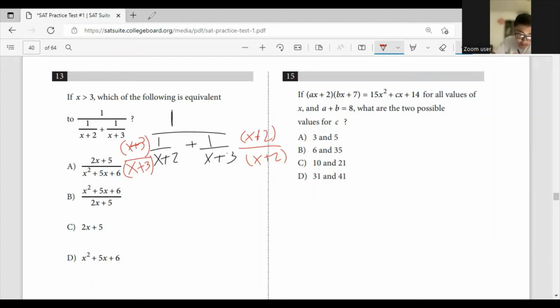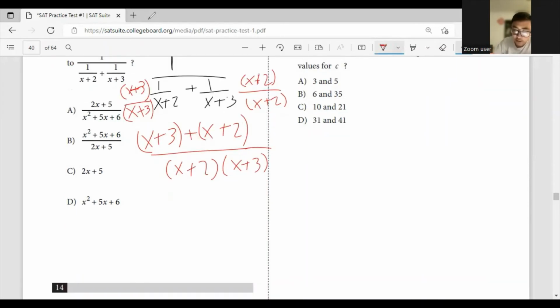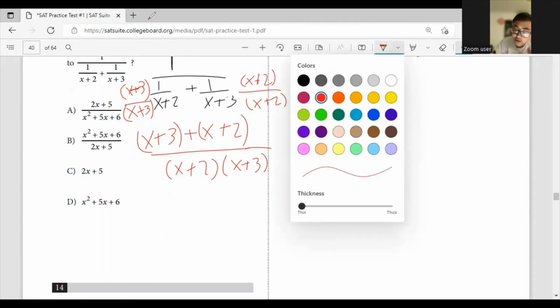This is going to be x plus 3 plus x plus 2 over x plus 2 times x plus 3. Now I'm just going to combine the numerator. So I already combined the fractions by adding them together. So now I just add the numerators together.